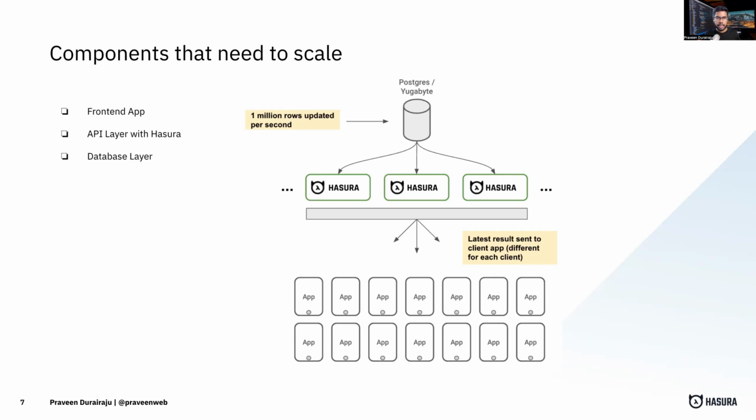And if it's an API layer like Hasura, it can be run as multiple instances connecting to the same database, but then fetching data from different regions, right? So Hasura can be scaled horizontally, and you have the database layer, which is at the last.